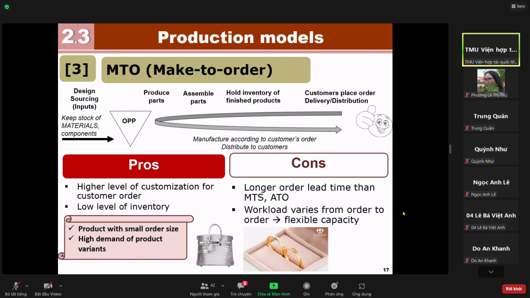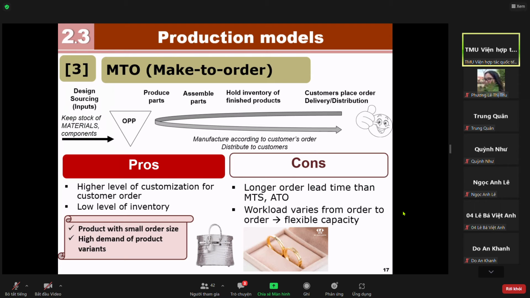Why do I say so? Because Hermes already has that design, the shape of the bag, the basic, fundamental forms of the bags. They even have some standard versions of the bags, some standard colors and basic colors.